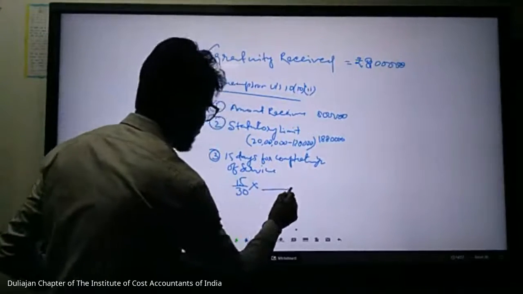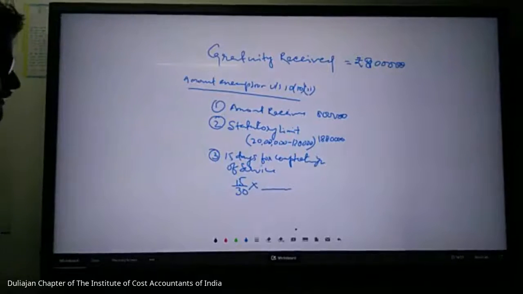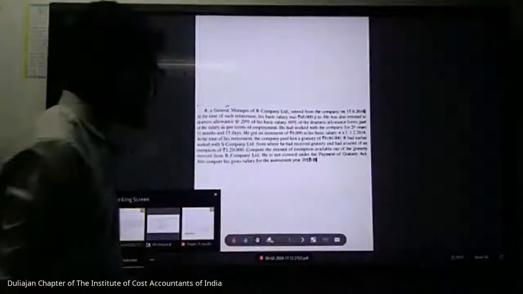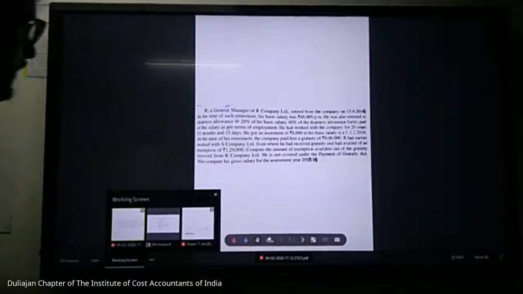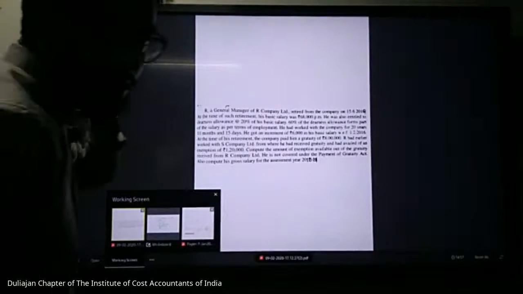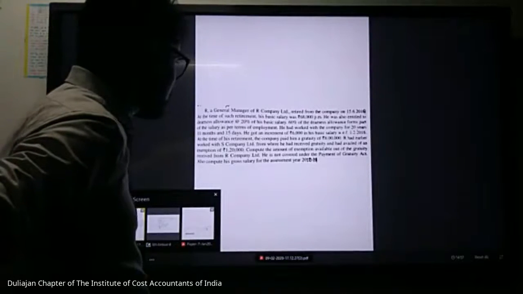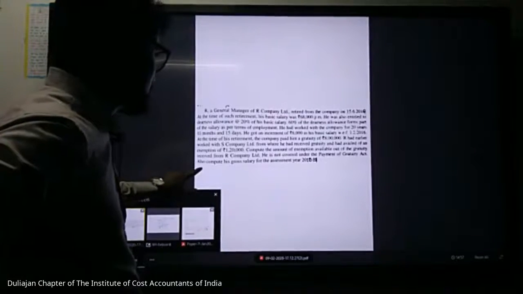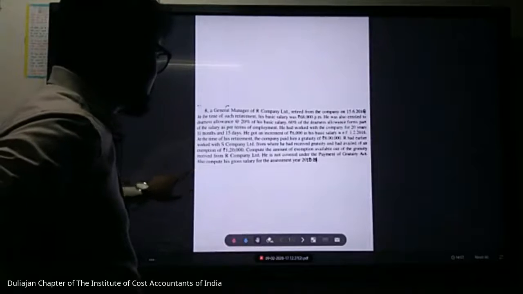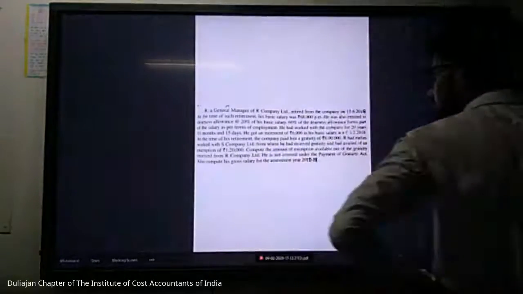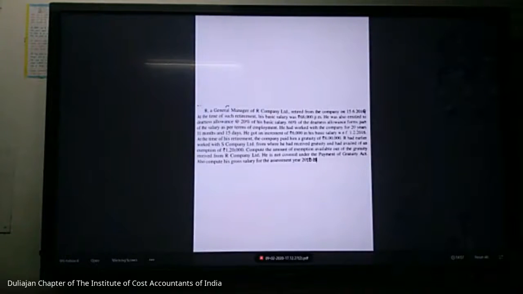I'll leave it blank for now because I need to do the working of this. Then I need the completed years of service. Here fractions are ignored. He had worked with the company for 20 years.